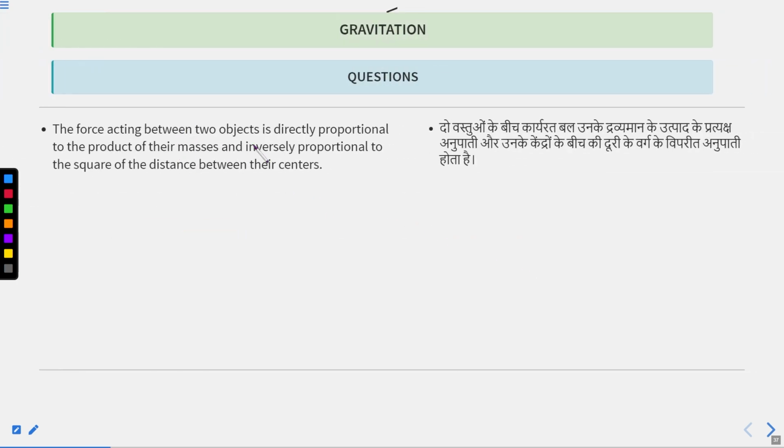The force of attraction between two objects is directly proportional to the product of their masses, and inversely proportional to the distance between them. Clear?